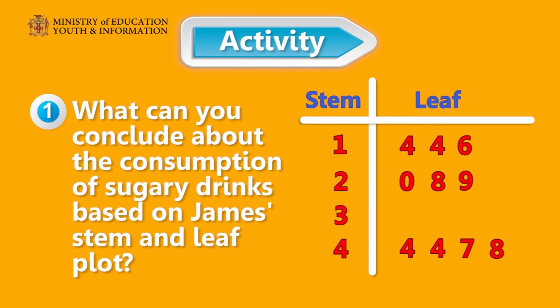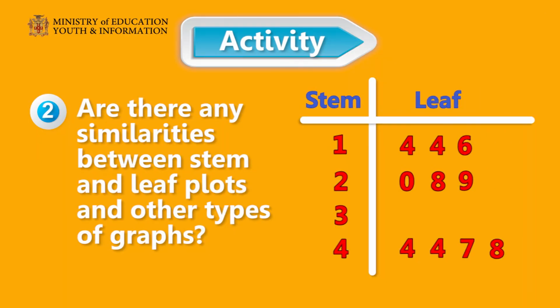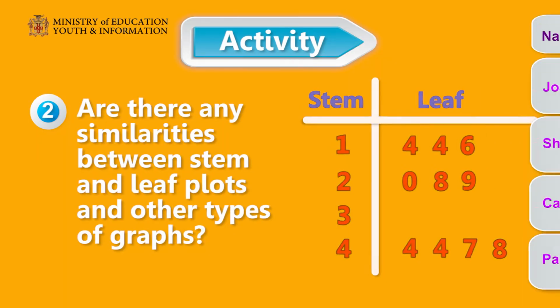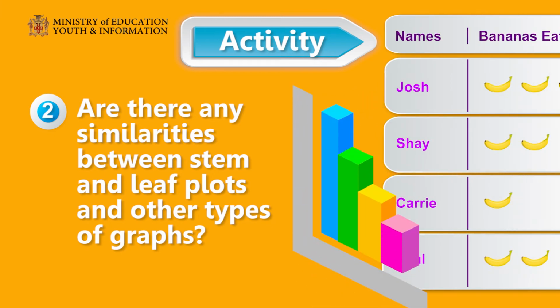What can you conclude about the consumption of sugary drinks based on James's stem and leaf plot? Are there any similarities between stem and leaf plots and other types of graphs?